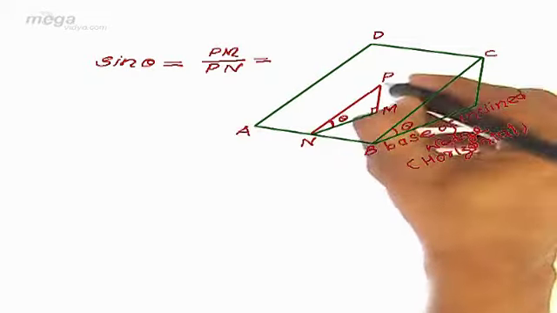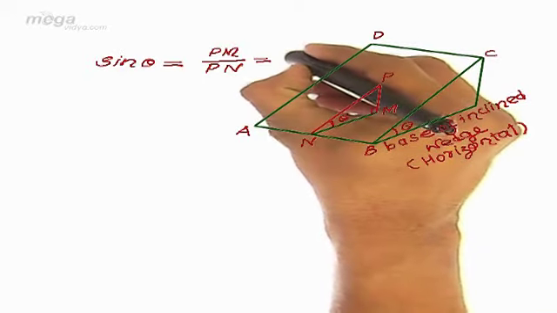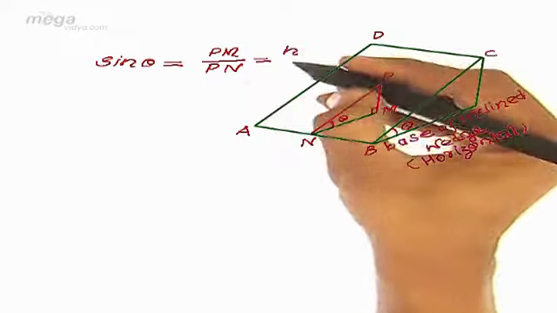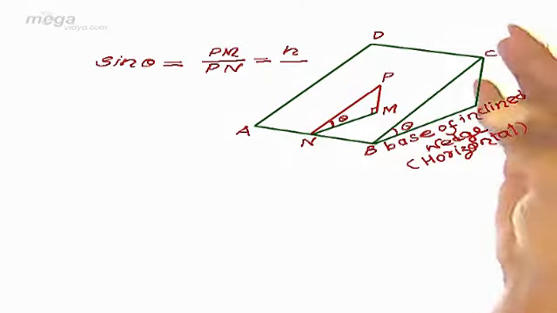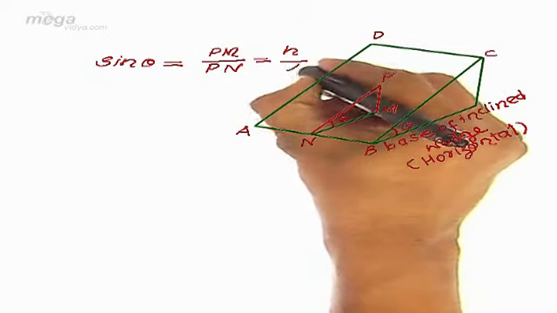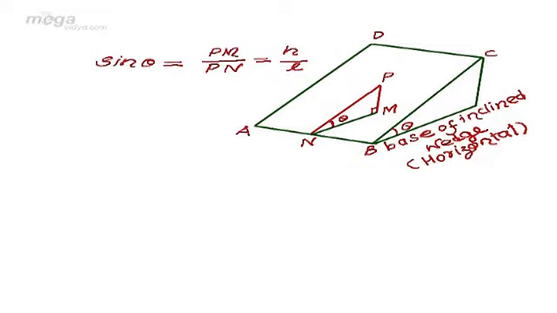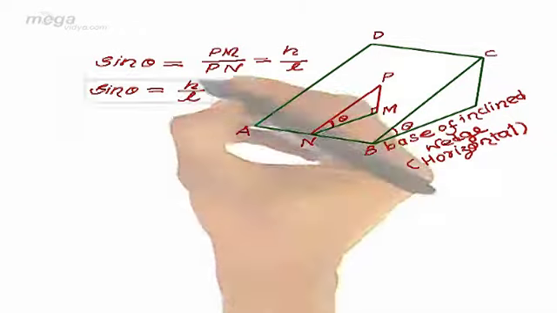Here PM is the height of point P from the ground, so I have taken it to be h, and the line PN, which is the line of greatest slope, I am taking as L. So sin theta here is equal to h upon L.